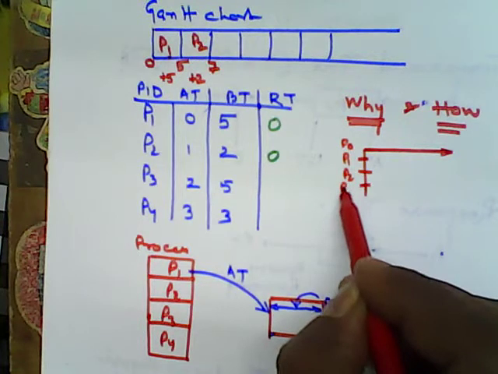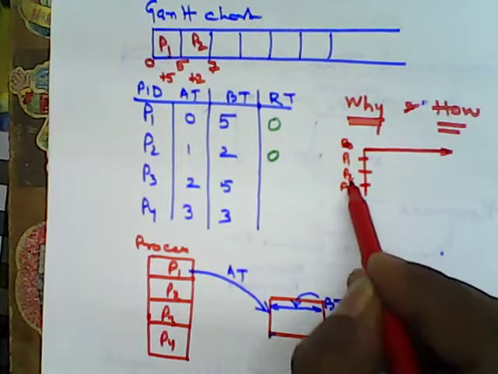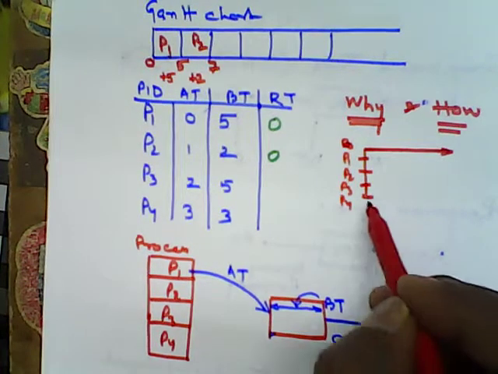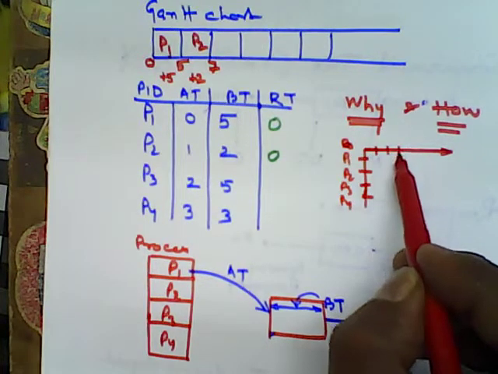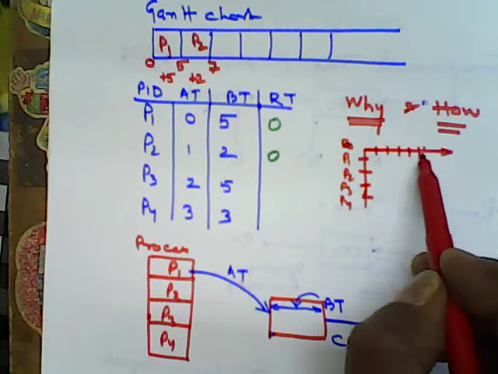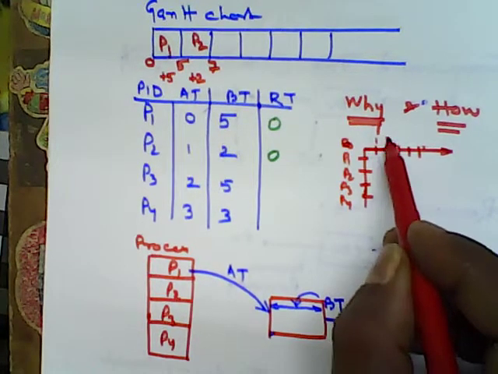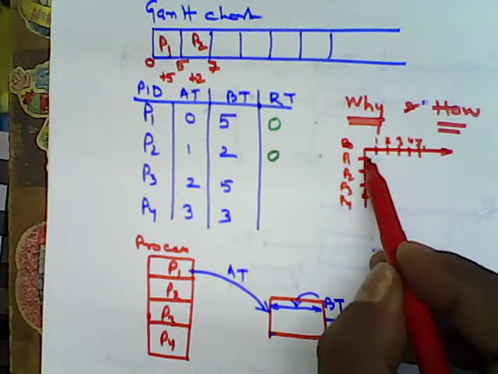Okay, so if you see this and try to equate this, 1, 2, 3, 4, 5, then you will find 1, 2, 3, 4, 5, and here let me put it as 0. This is 1, 2, 3, 4, 5.